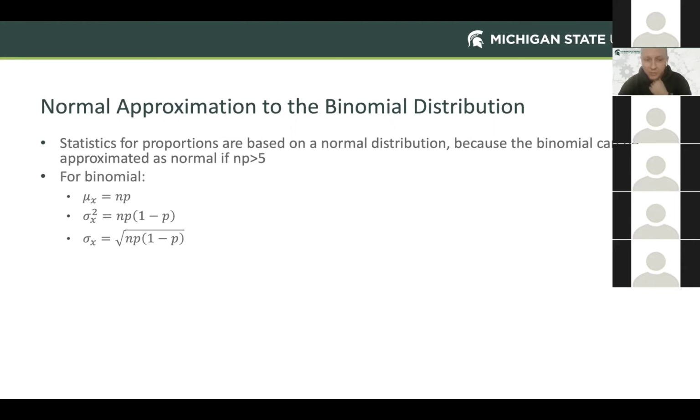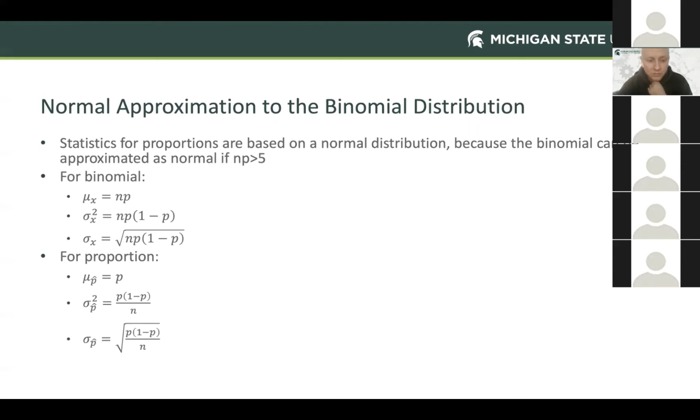Now we can use that same rationale to basically look at probabilities or the proportion of outcomes within a sample that generate that same result of interest. And so if we wanted to just get P by itself, for example, in the case of a proportion, we're just going to divide each of those respective quantities by N. And so in the case of the mean, our mean estimate is whatever that baseline proportion P is. The variance is going to be P times 1 minus P over N. And then lastly, the standard deviation is going to be the square root of P times 1 minus P over N, okay?